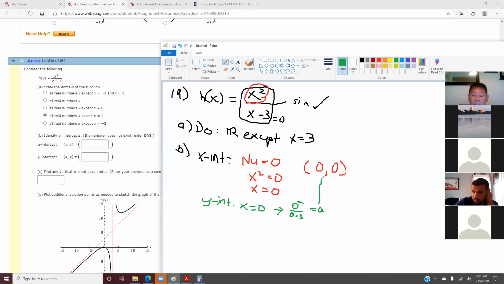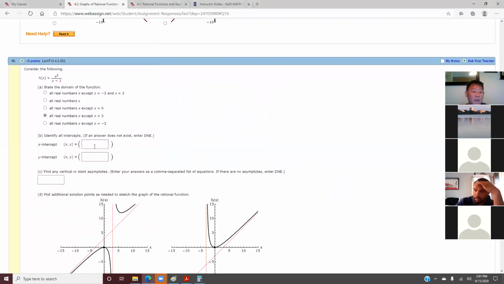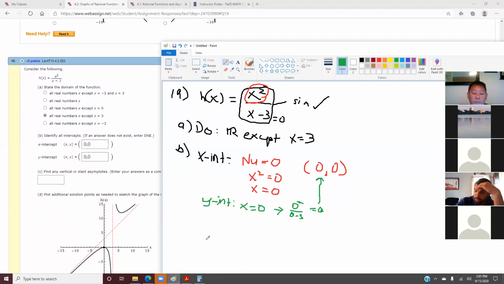So my y-intercept is still (0, 0). This is how we find your x and y intercepts.